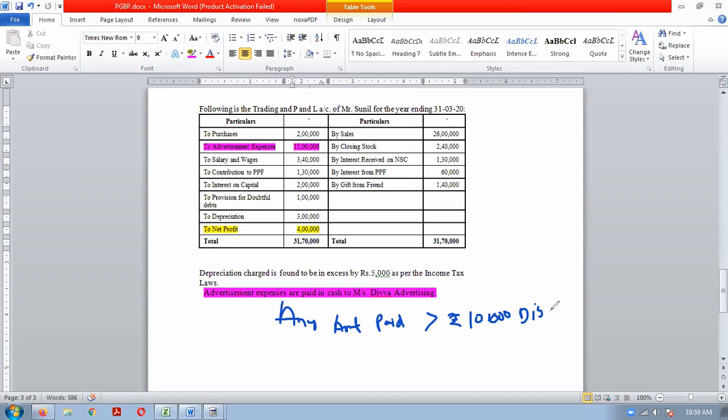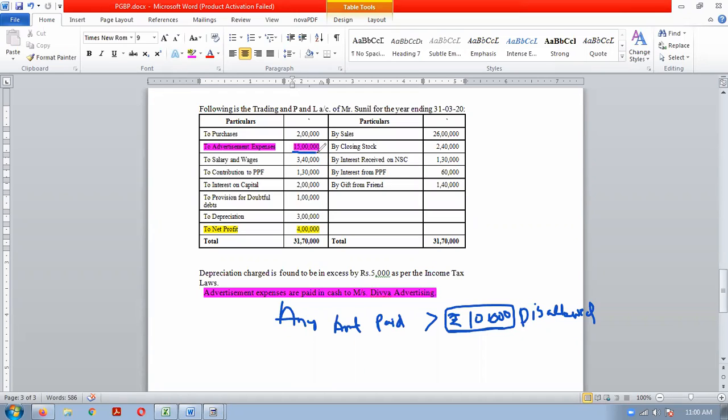This is the rule as per Income Tax Act. Income Tax Act says that any expenditure, if you are incurring in cash and it is greater than 10,000, we will not give benefit of that expenditure and it will be disallowed.